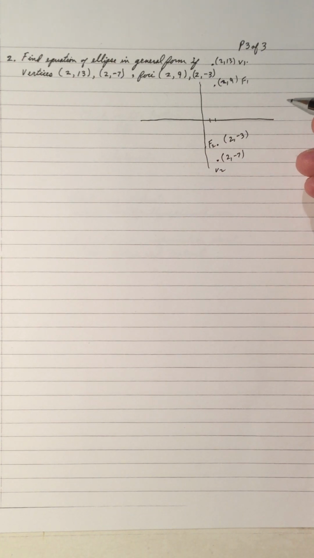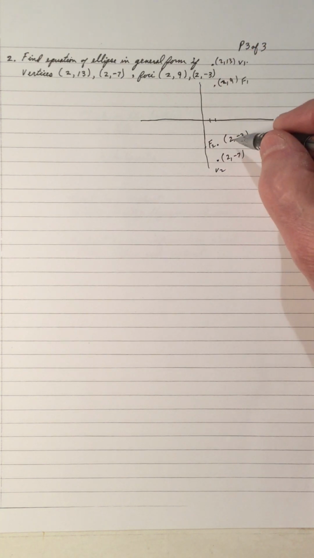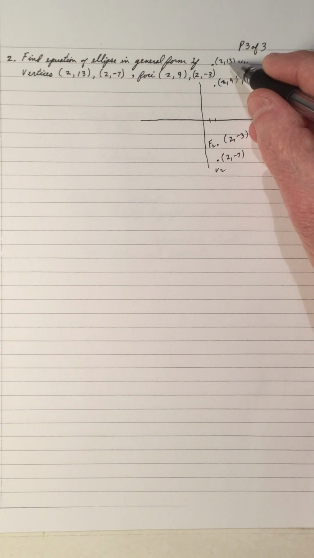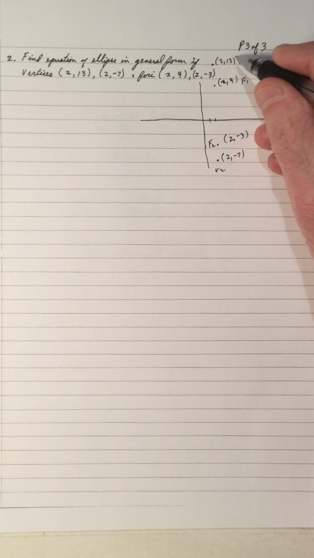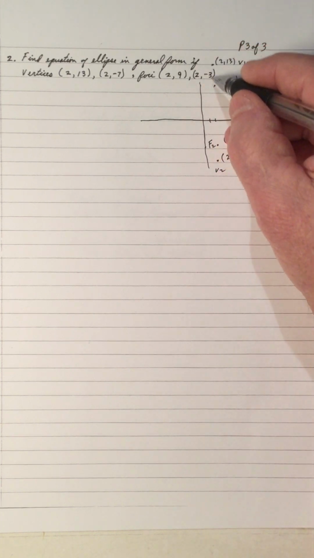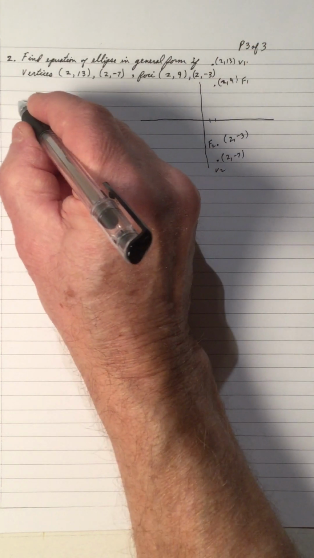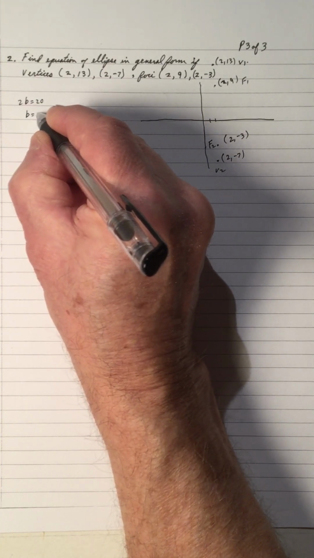As a result, because we have the vertices, the difference is on the vertical. So this is 13 to -7, so that's 20. That means this is b on the y, so 2b is 20, so b is 10.